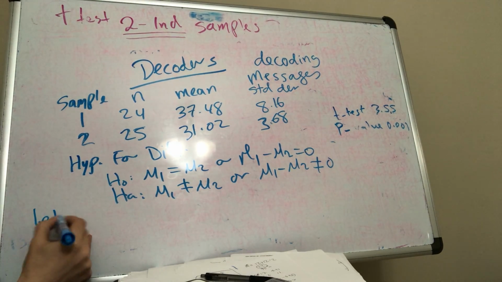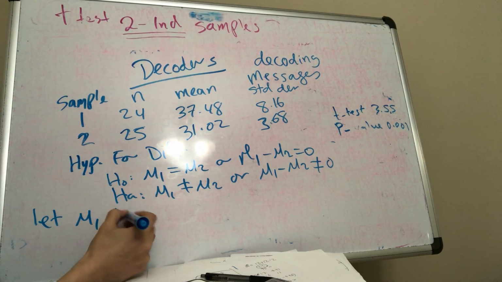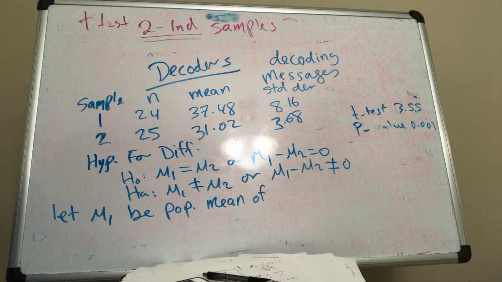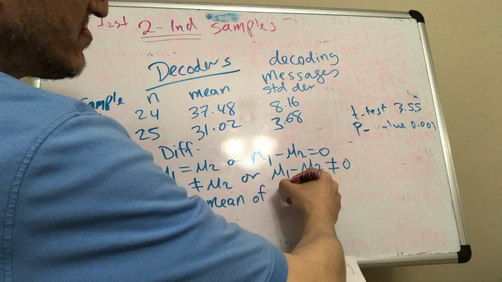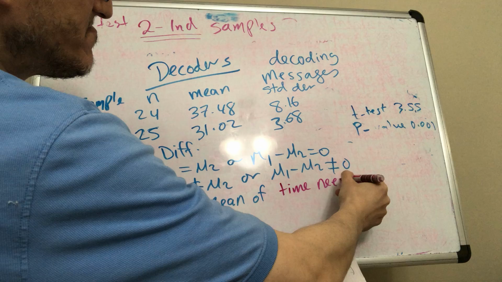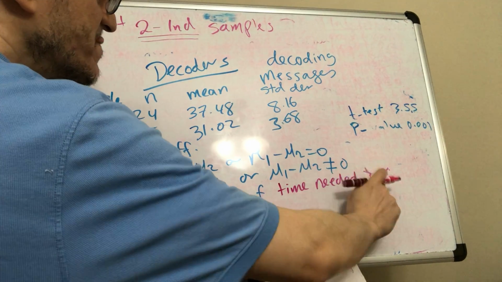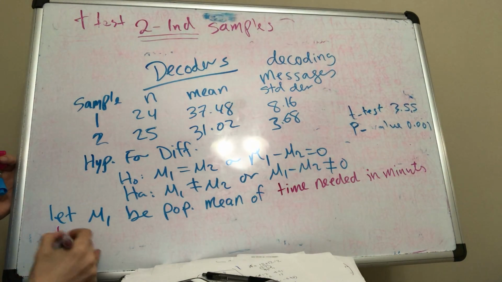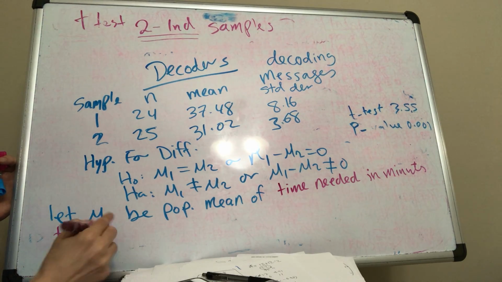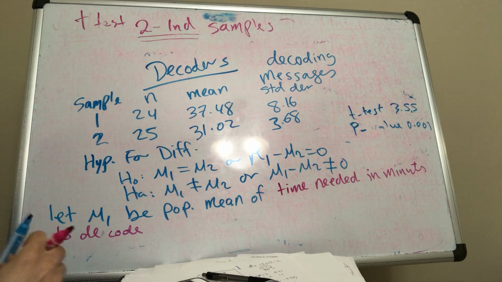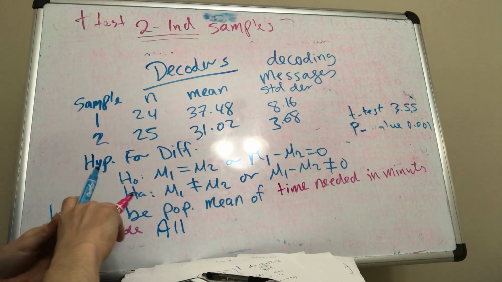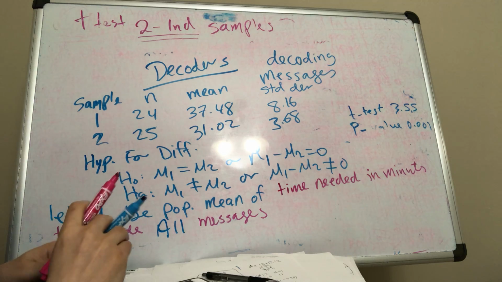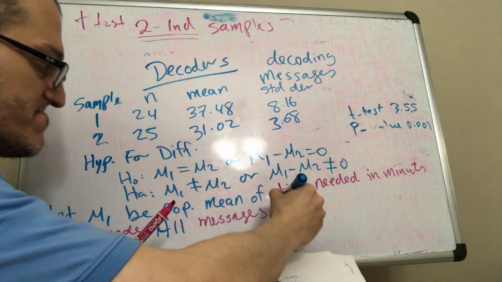To define mu1, you say let mu1 be the population mean of, and whatever the mean is given in the question, it's time needed, in minutes, because it has a unit of measurement, time needed in minutes to decode all messages, because you decode a sample of messages, all messages by group 1.